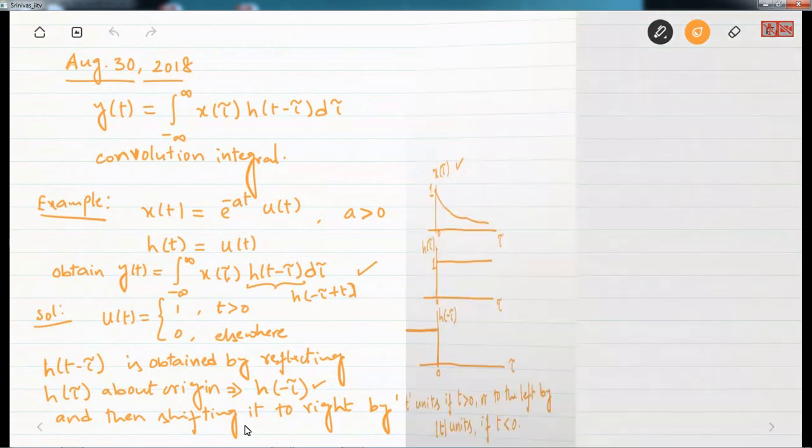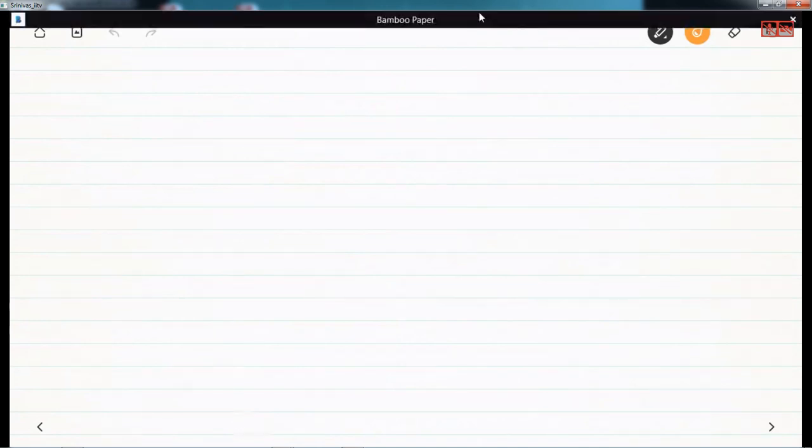For better understanding, I'll be plotting these things again here, just for a quick understanding. So this is 1, and this is x of tau, this is tau, this is 0.